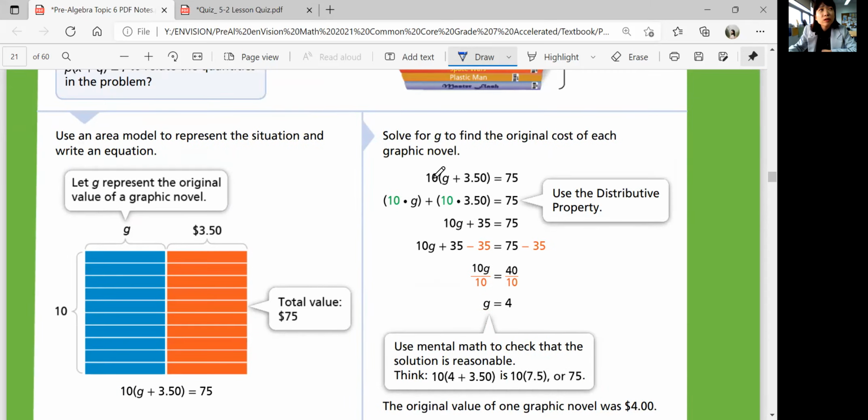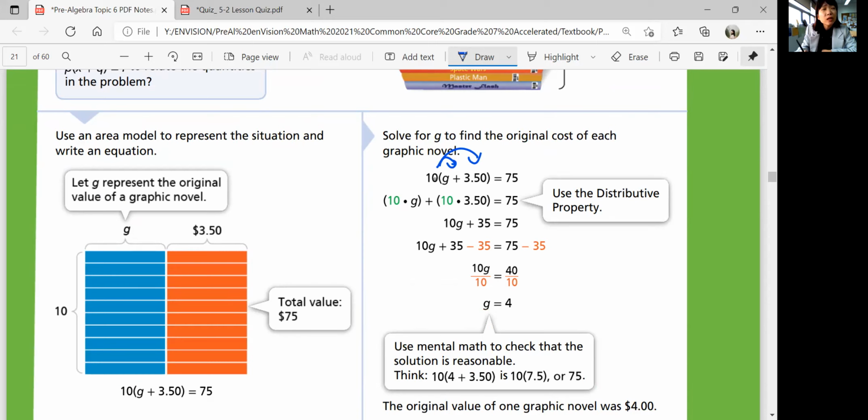So first you need to use the distributive property to multiply 10 out. So 10 times G and 10 times 3.5, and you add them together to get 75. And that's going to be simplified to this. You subtract 35 on both sides so that you can isolate G by dividing by 10 after that, and G is 4.